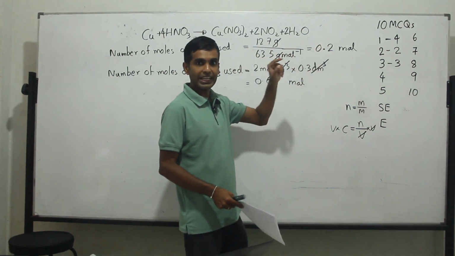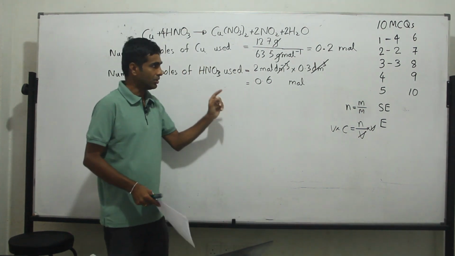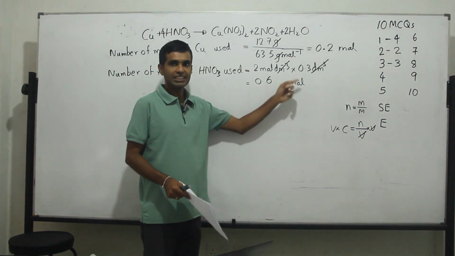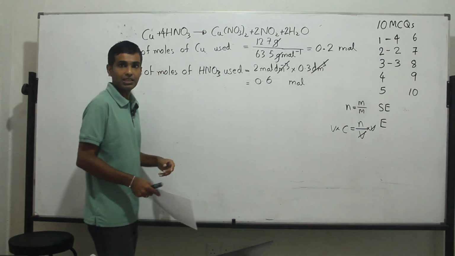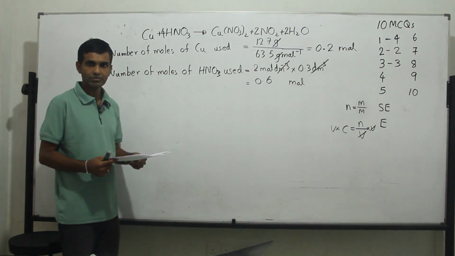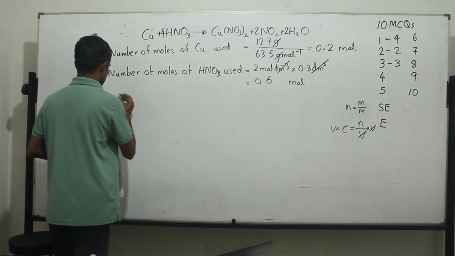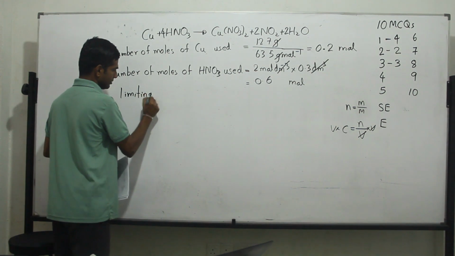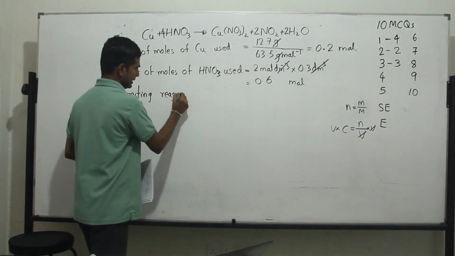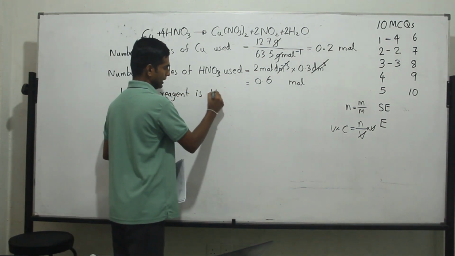It is 0.8 moles of nitric acid. But we have used 0.6 moles of nitric acid. That means nitric acid is the limiting reagent. So it is clear that the limiting reagent is nitric acid.